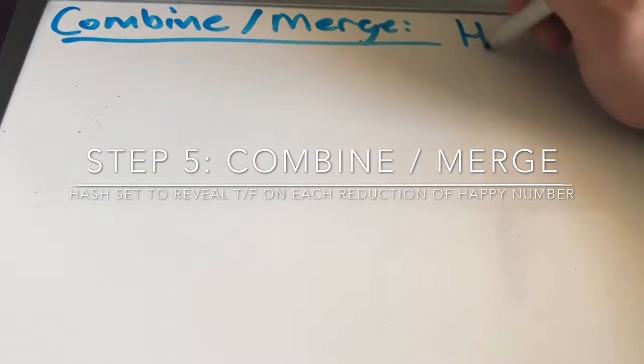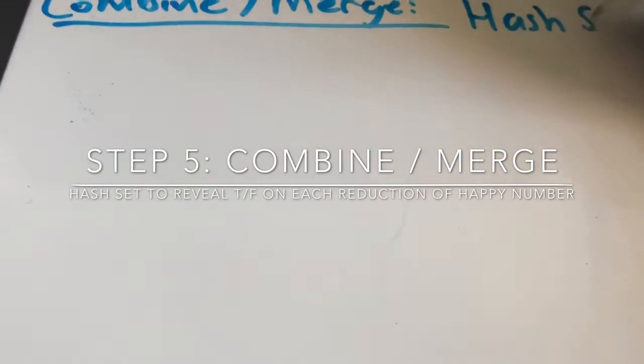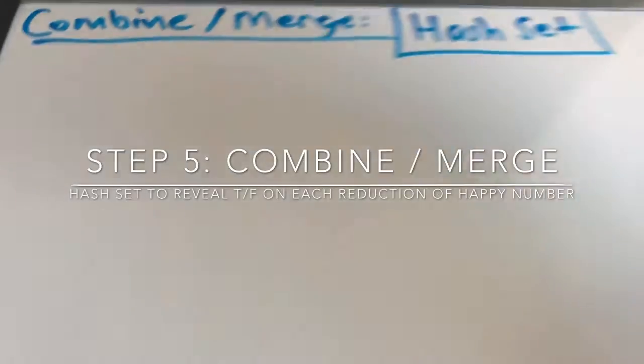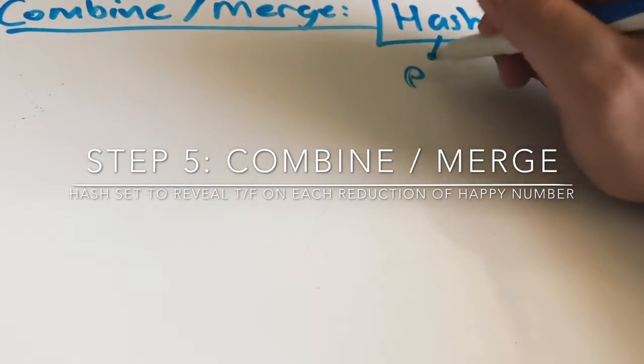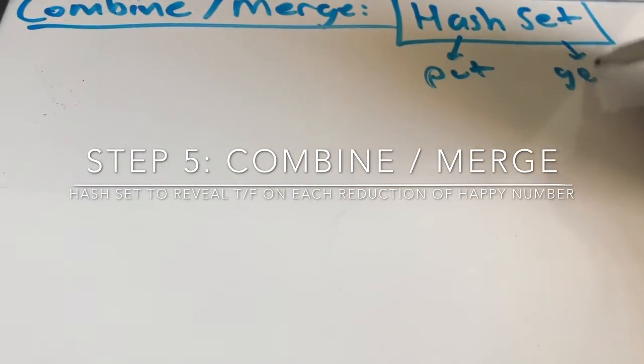To merge, we're going to use something called a hash set data structure, which is an interesting data structure. A hash set has two main functions: a put and a get.